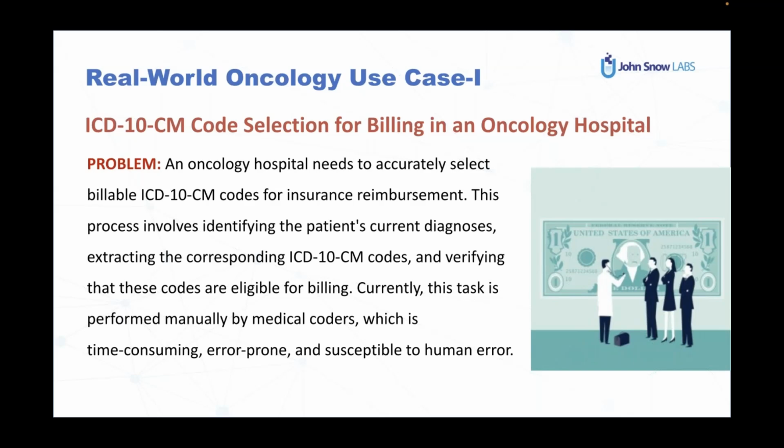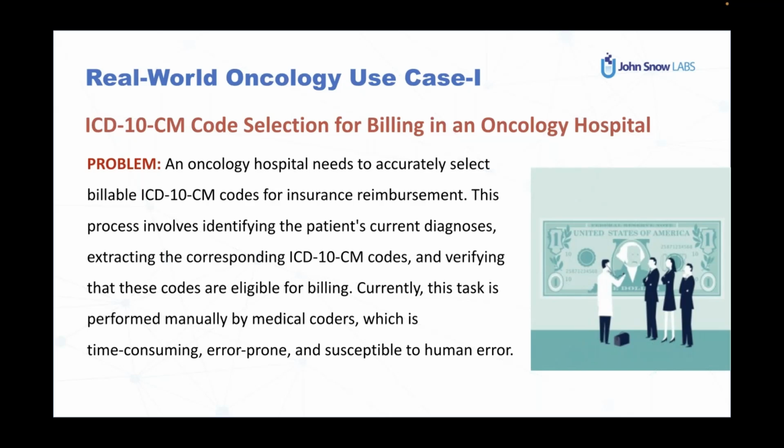Let's assume that you're working in an oncology hospital and you want to select the billable ICD-10 codes for insurance reimbursement. This is a really crucial task because some of the ICD-10 codes can be billable while some of them are not. And some diagnoses and clinical conditions can be mapped to both of them.